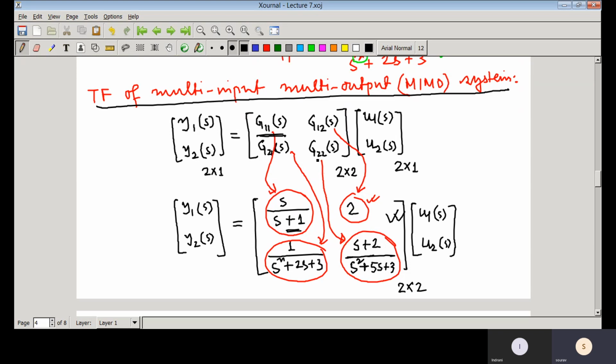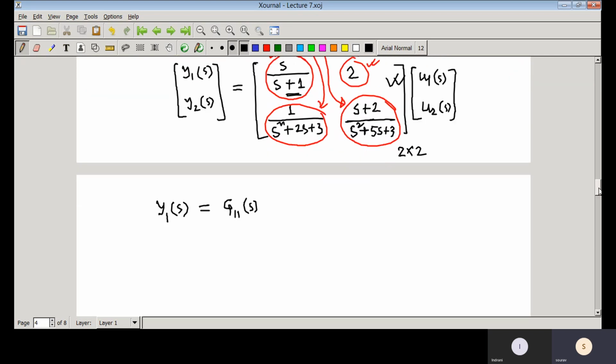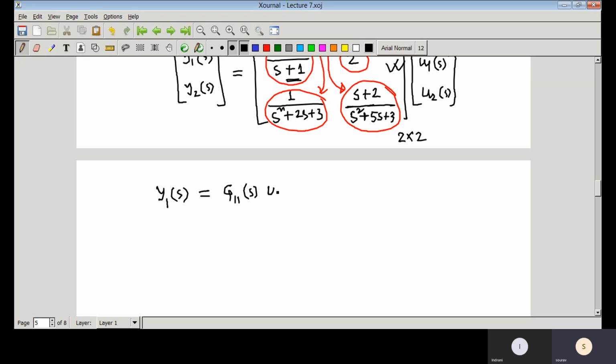I am writing it for the general framework. So G11(s) into U1(s) plus G12(s) into U2(s). So this is that first equation.